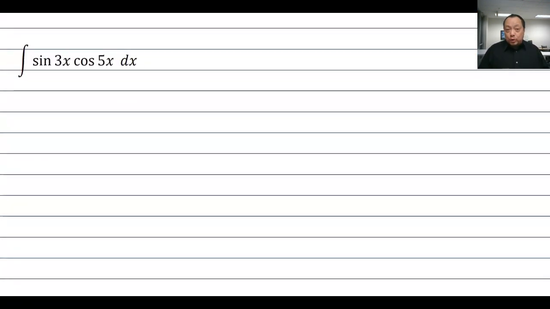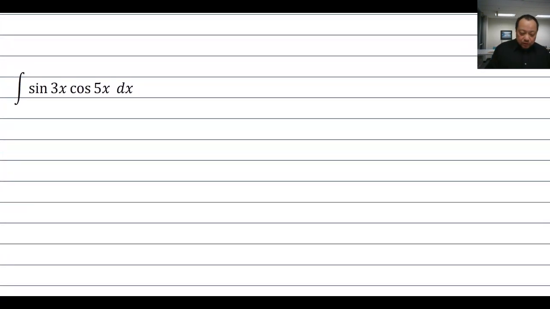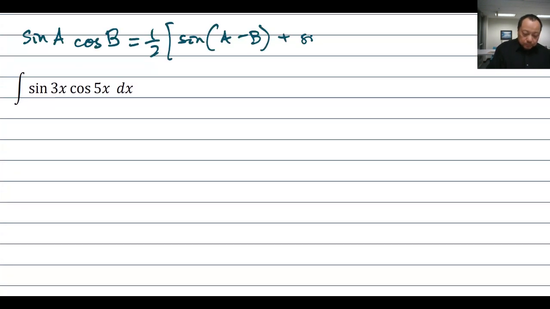Let's apply those formulas to this integral. This integral is an integral of sine times cosine. So we're going to look up the formula, and we see that the applicable formula is this one. I'm going to write it up here. So in this case, A is 3x, and B is 5x.